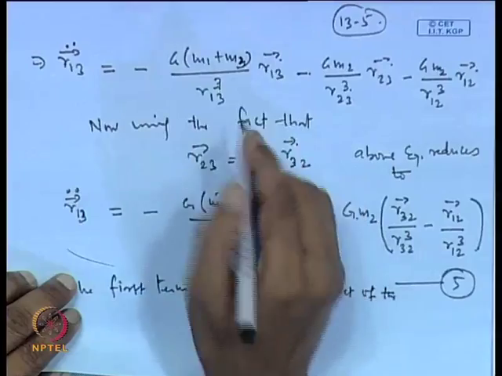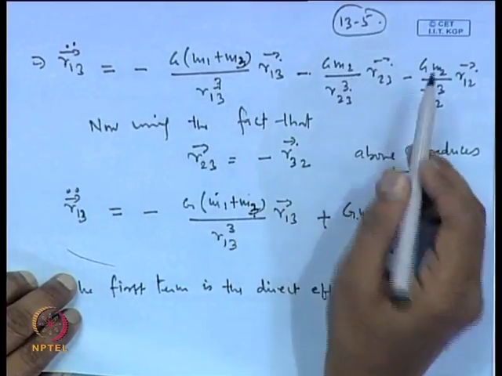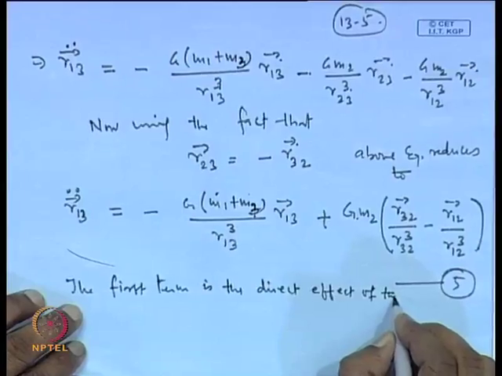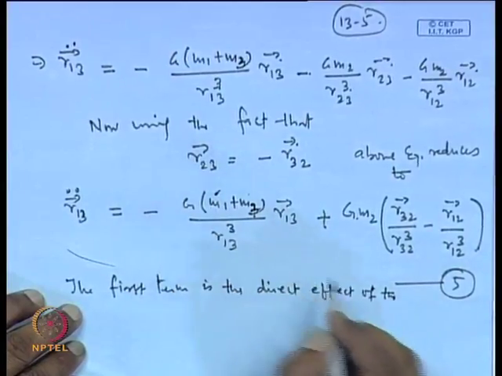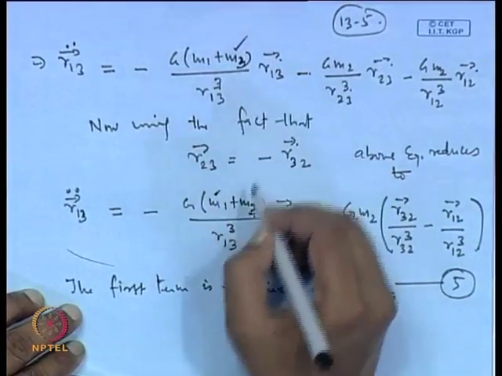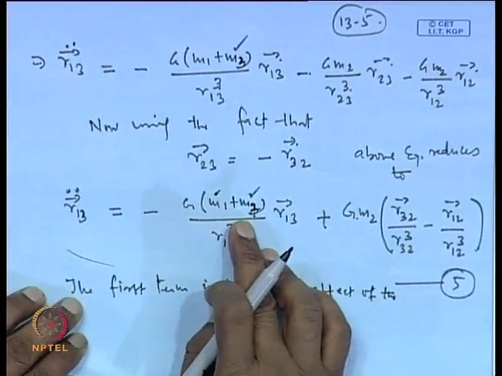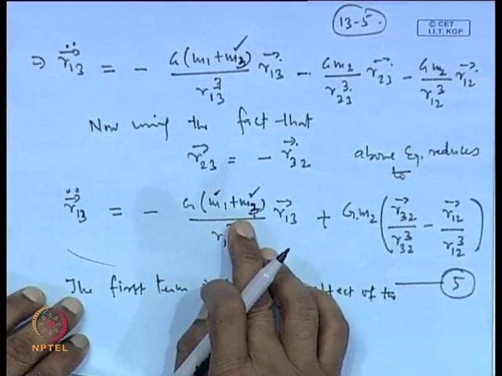We do the correction here, this is M1 plus M3 and M2 has gone outside. So, this is the direct effect of the, this mass M3 gets neglected, almost negligible if we consider the Earth, Sun and the satellite system.